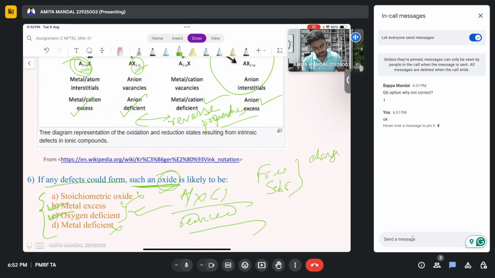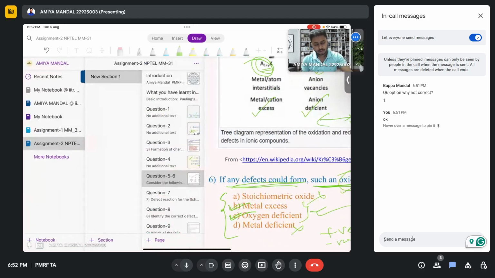So we cannot say that these defects are formed by oxidation and reduction reactions. In oxidation and reduction, there must be involvement of charge, positive and negative charge. Okay, so we can go forward to the next question.